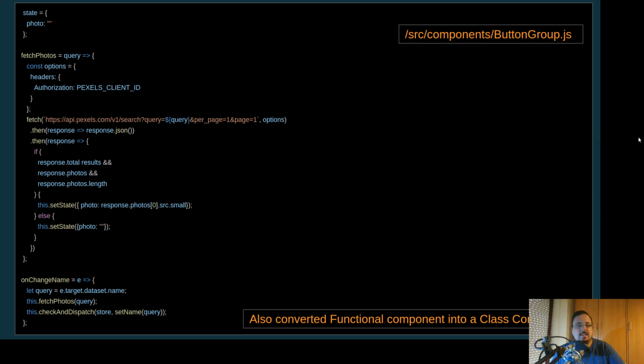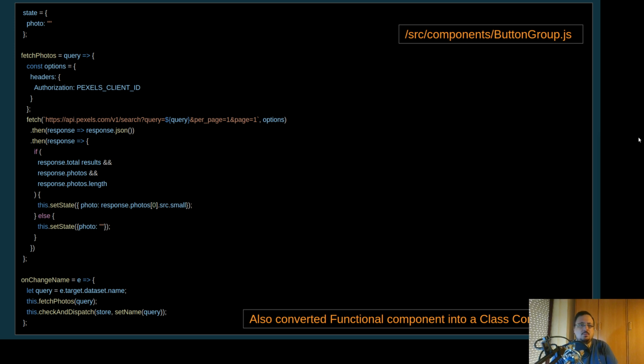As you see, there is a call to fetchPhotos. That function is a normal function that does the asynchronous call to the API. It's in Pexels. If you want to use this code, you have to get the client ID.